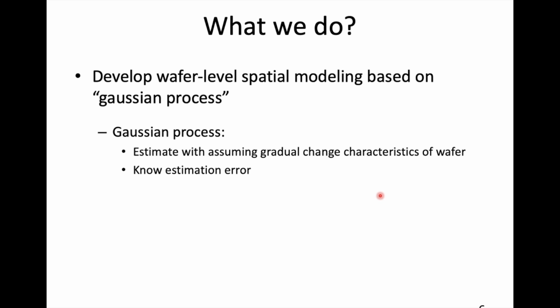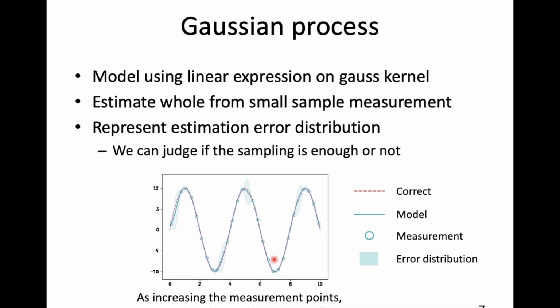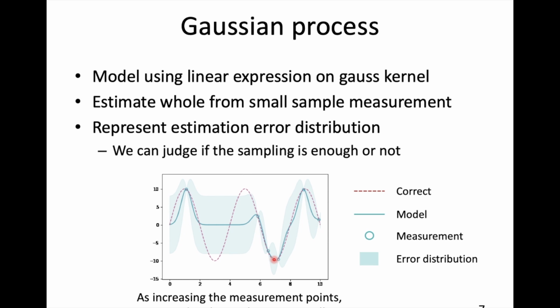We will pick a few dies, and based on the relation we will predict the other dies, which is what the Gaussian process does. Here you can see the model gradually saturating and the error gradually reducing, and finally we get an accurate model with the actual prediction.